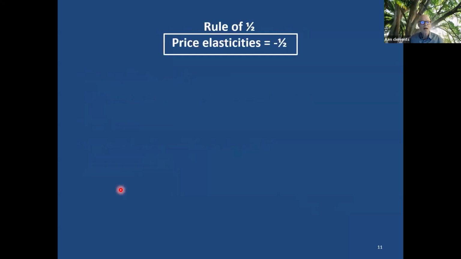And that leads into what I call the rule of 1/2, that says the price elasticities are equal to minus a half. Consider the demand for each of any equation. So here's a demand function for the consumption of commodity i, depends on income, depends on prices. This is the substitution effect, and this is the role of income.